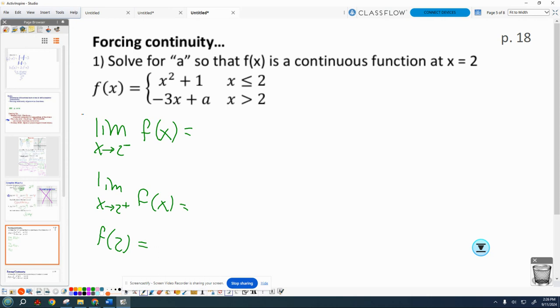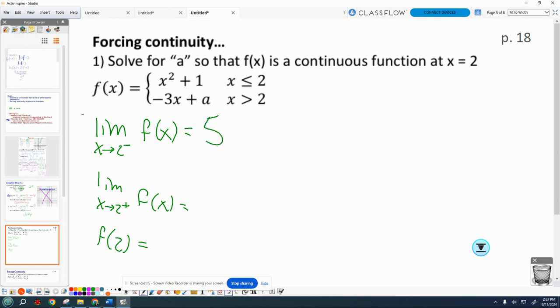Alright. Which piece is to the left, the top or the bottom? Top. The top. Okay, so plugging into the top equation, what number comes out? 5.